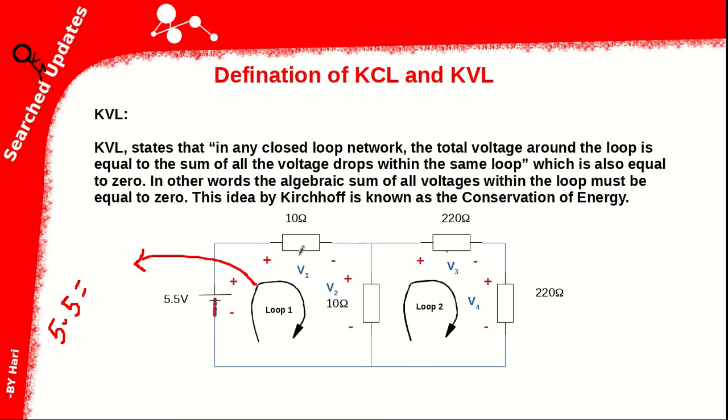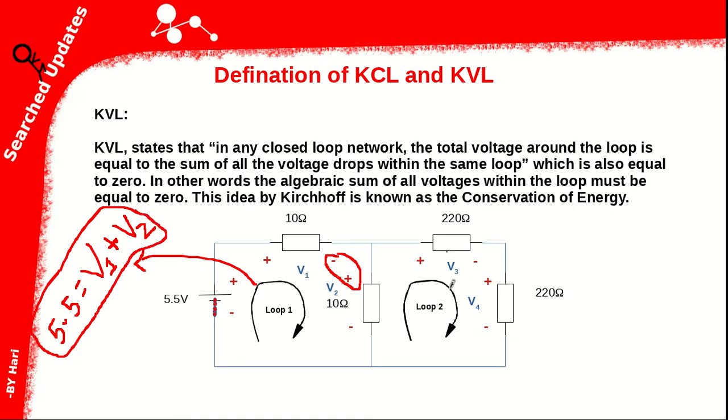Here the first voltage drop is V1, so write it. Now see the signs. Here the signs are opposite, so put plus. If the signs are similar, then put minus in the equation. Plus V2 is another voltage drop in this first loop. Here is the first KVL equation.